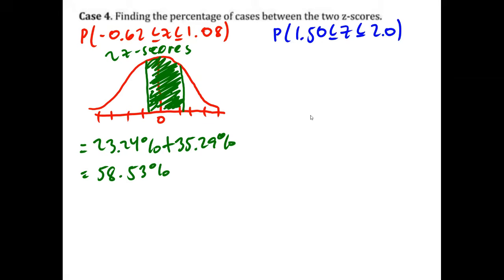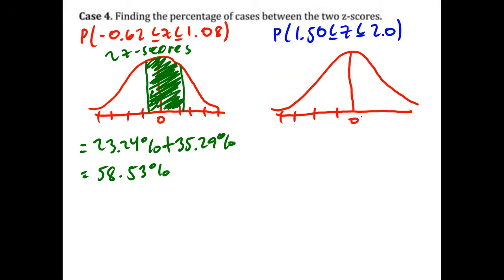is less than or equal to 2. So draw a normal curve. This is 0, 1, 2, 3, 4, 1, 2, 3, 4. So nasan dyan yung 1.5? Nandito sa part na ito. Nasan dyan yung 2.0? Okay, lumagpas sa 1.5. So nandito sa part na ito.